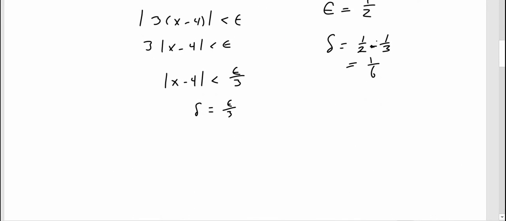Now, some of the homework questions give you a specific epsilon. So if you want that to be within 0.3 or whatever, you could just go ahead and replace the epsilon with whatever they give you.